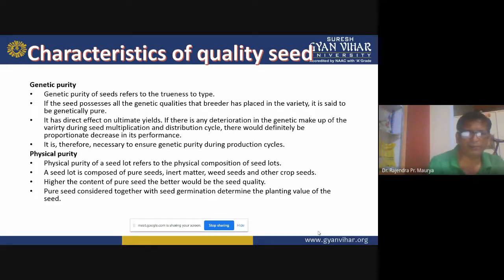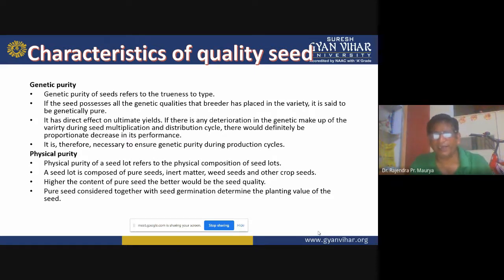In a genetically pure variety, for example, if we are purchasing the seed of tomatoes, for example Punjab Chhuhara, then all seeds should be of the Punjab Chhuhara variety. Not mixed with, we can say, the Marglobe variety of tomatoes. It has a direct effect on ultimate yields.